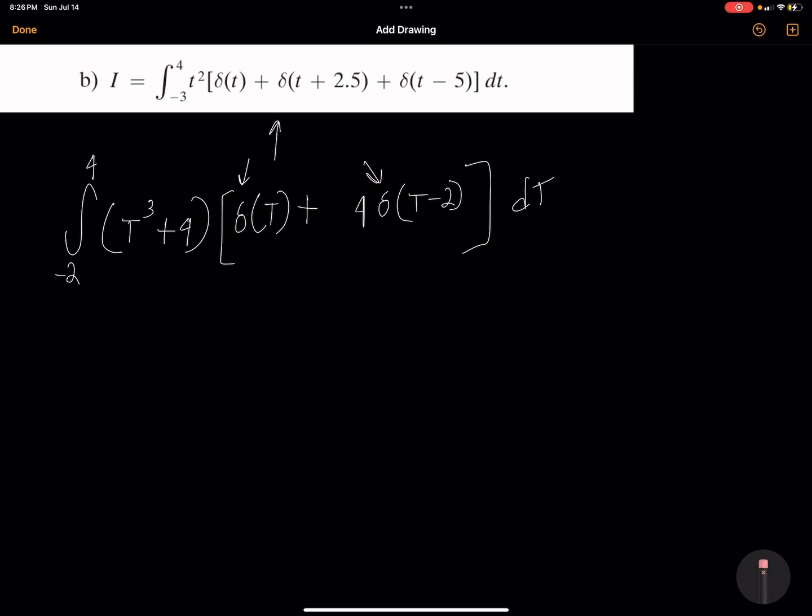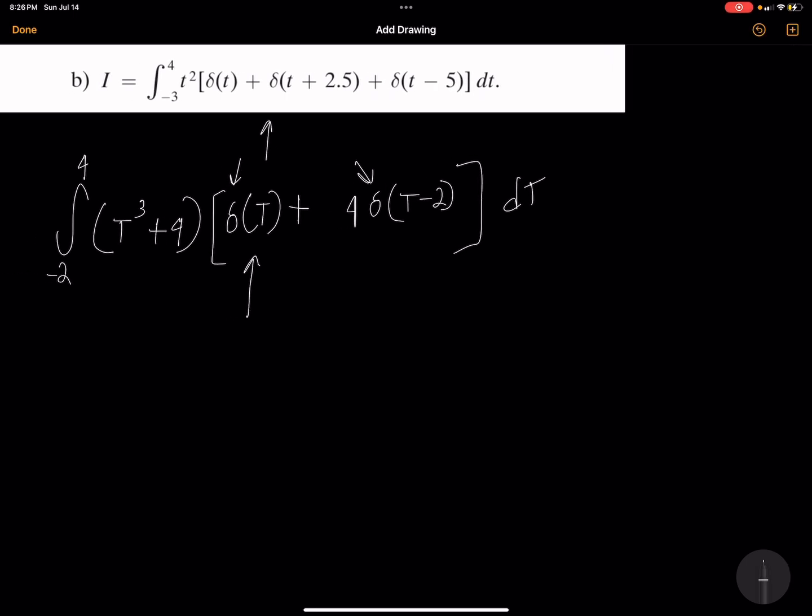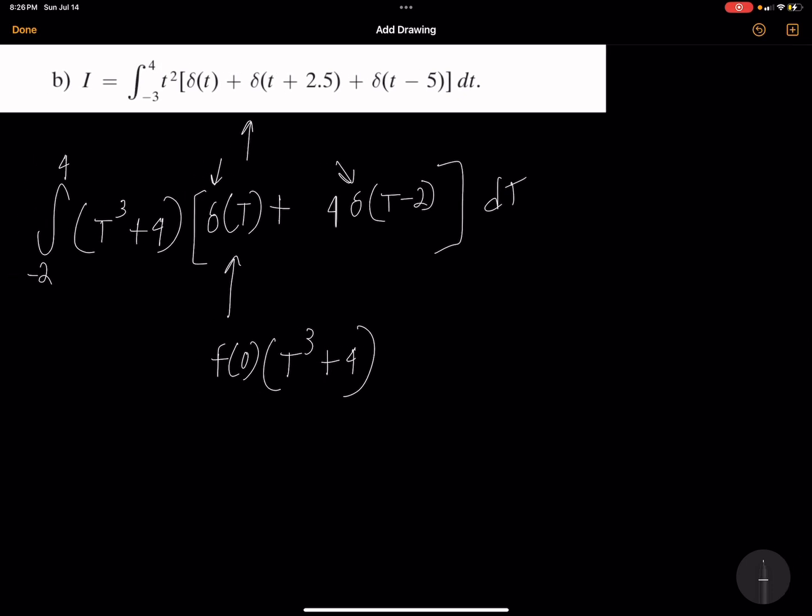You need to figure out what it is equal to at 0. So this is equal to 0, since that gets a 0 inside that function. So we get a function of 0, that's what it turns into, times t cubed plus 4. And this one we'll say is a function of 2.